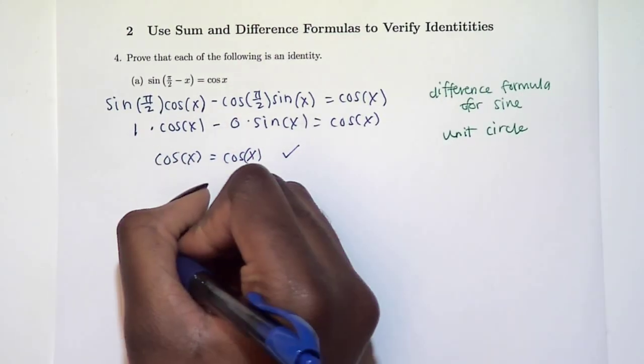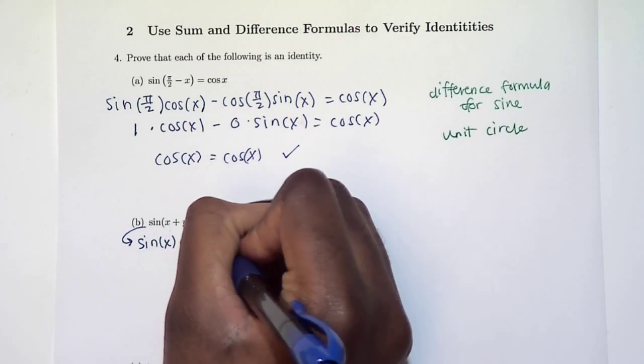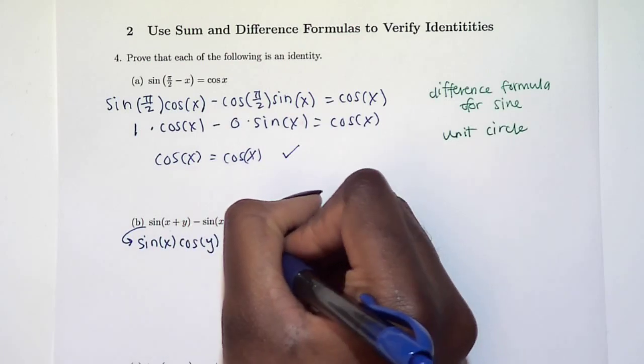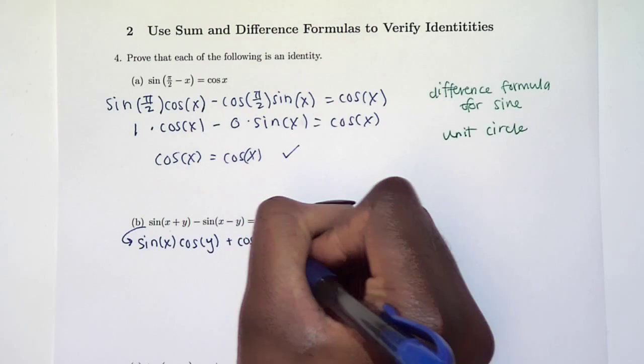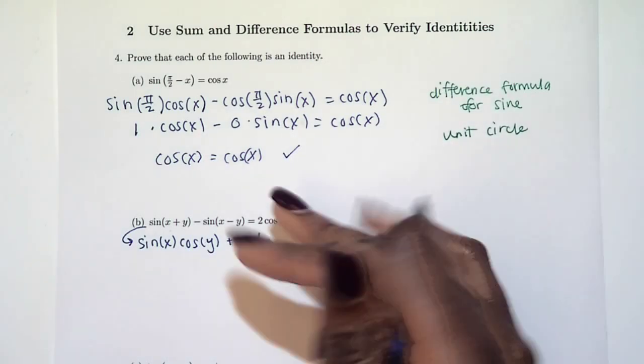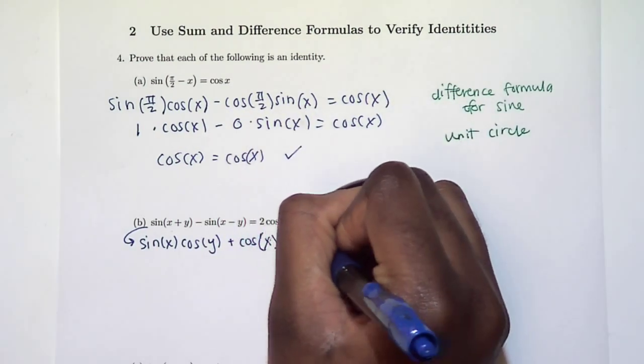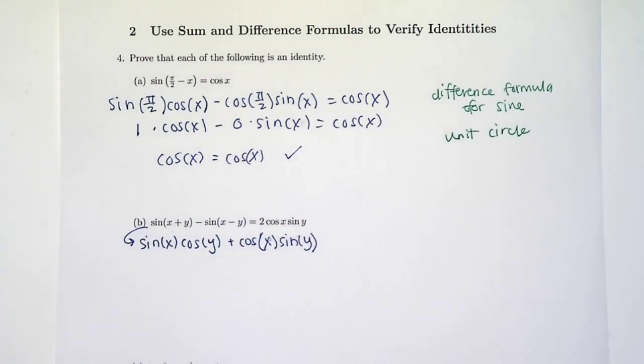Remember, it's sine of the first one, cosine of the second one, plus cosine of the first one, sine of the second one. Minus, I'm going to make sure I put in parentheses so that I'm subtracting the whole thing and I don't mess up my signs.